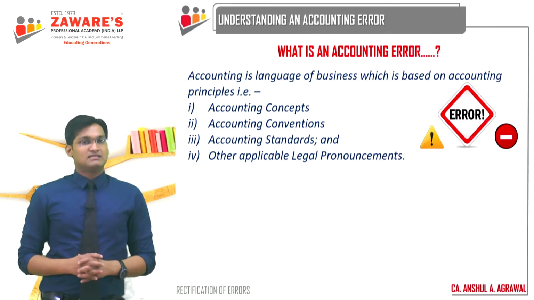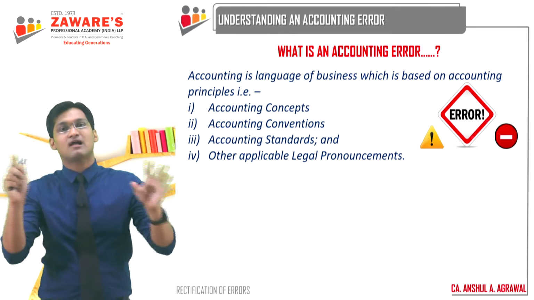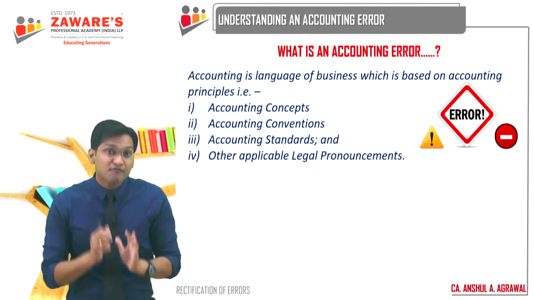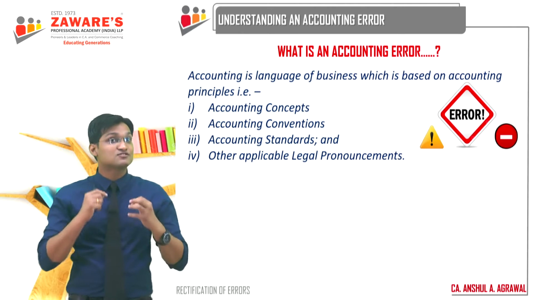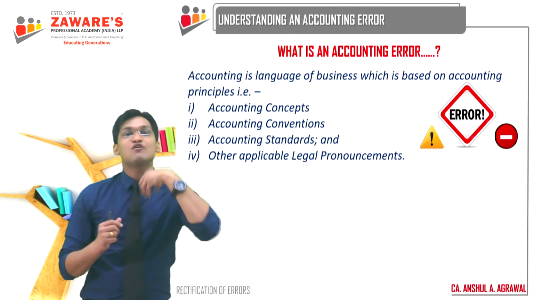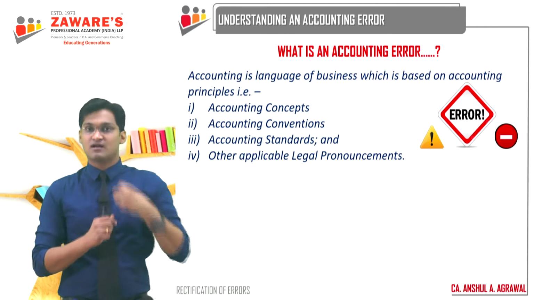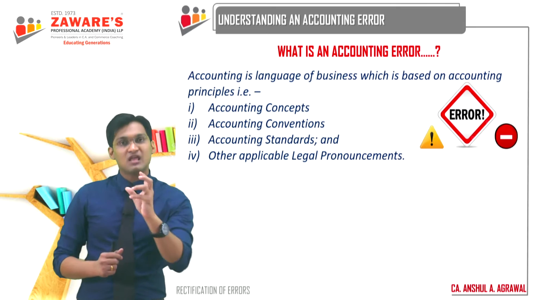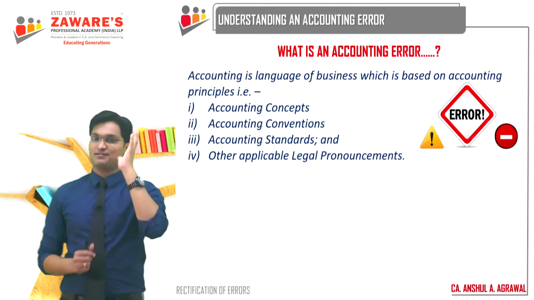So my dear friends, accounting should be done within the legal frontier of the accounting principles. But if an entry is passed or a transaction is recorded going beyond, contravening or violating any of the accounting principles, which creates an error, it is known as an accounting error.